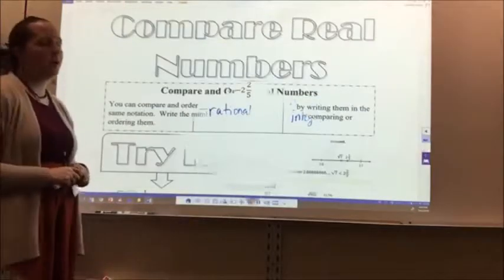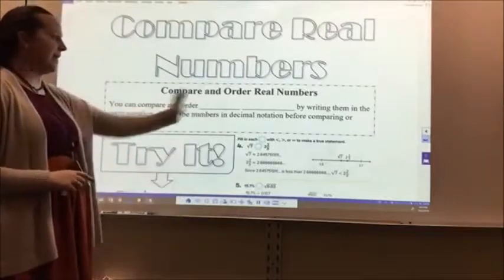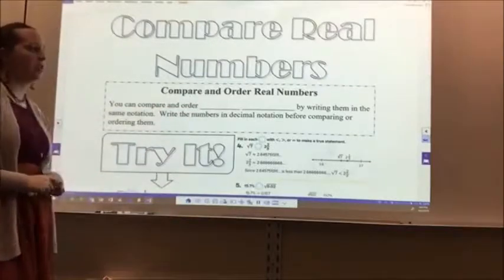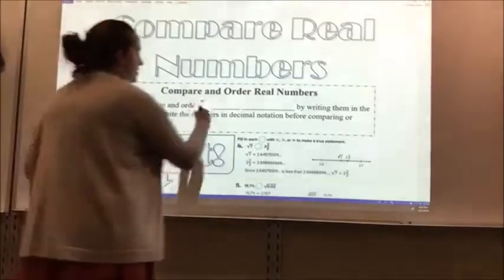For comparing and ordering real numbers, you can compare and order blank blank by writing them in the same notation. So in those two blanks, you're going to write real numbers.